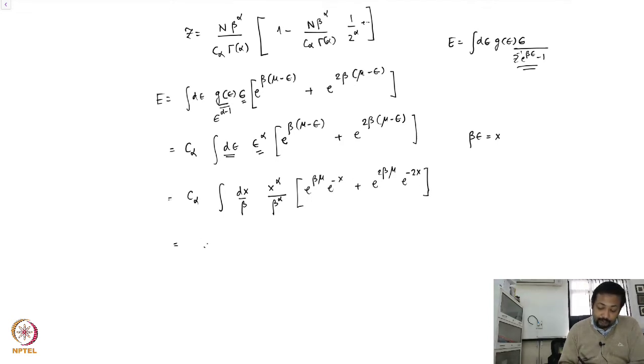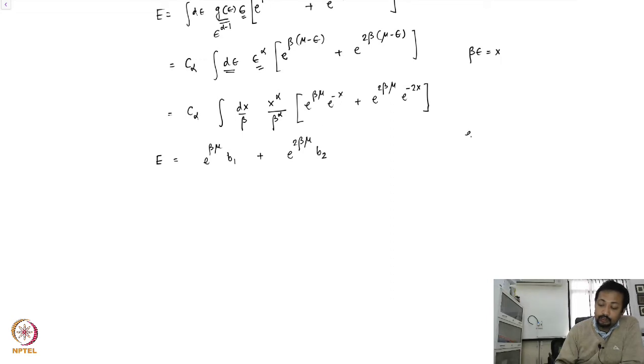This again we will write as e^{βμ} b1 plus e^{2βμ} b2. Recall, e^{βμ} is going to be z.